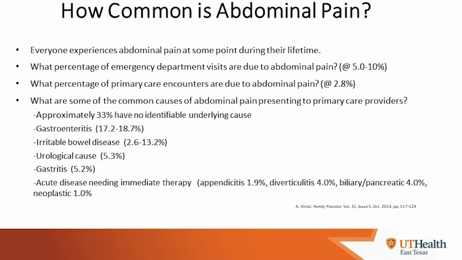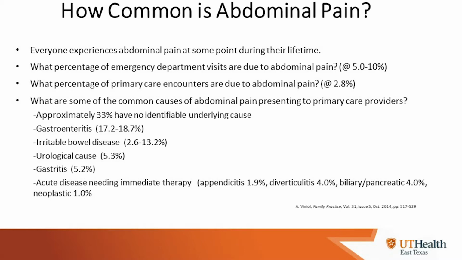Irritable bowel is quite common. It's seen up to 13%. Urologic causes such as urinary bladder infections or kidney stones are seen about 5% of the time. Irritation of the stomach, where people eat certain food items or alcohol or excess acid production can cause irritation of the stomach lining, occurs in about 5% of the patients that they see.